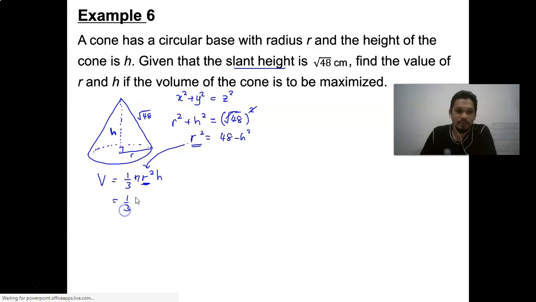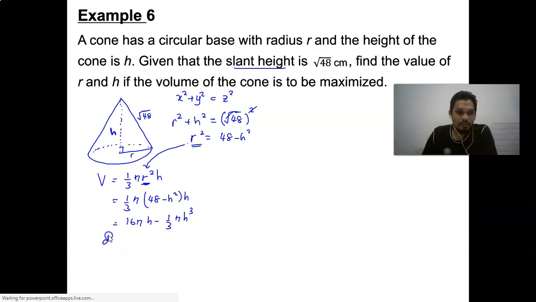Then 1 over 3 pi r squared, which is 48 minus h squared, multiplied with the h, is going to give you 16 pi h minus 1 over 3 pi h cubed. 48 divided by 3 equal to 16 multiplied with the pi and also h here, and then 1 over 3 pi multiplied with h squared times h gives 1 over 3 pi h cubed.